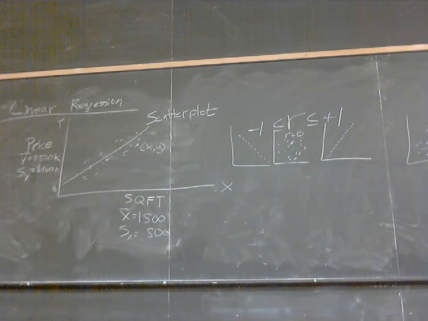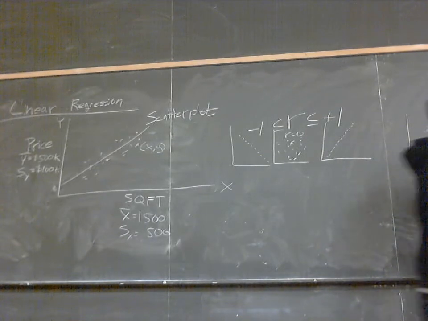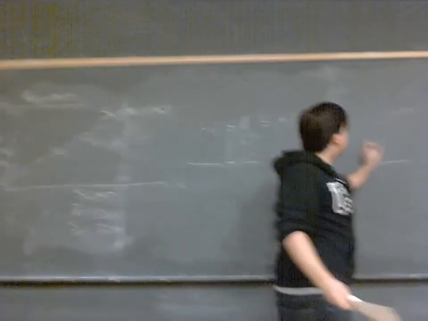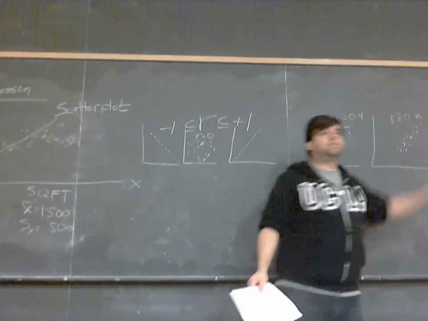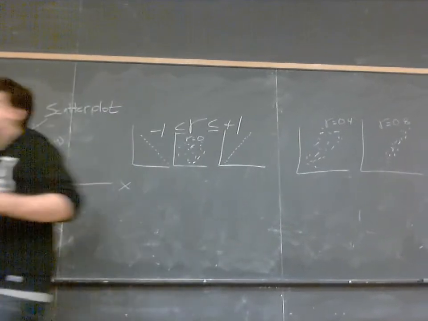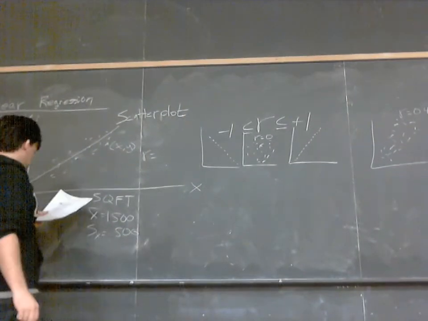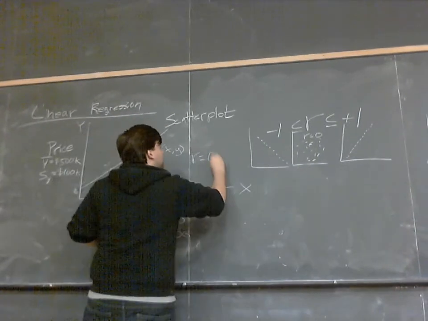And then, just for completeness, the extreme end. So the higher the absolute value of the correlation gets, the more tightly packed our data is, this data cloud. So let's say our correlation between square footage and price of the home is 0.75.